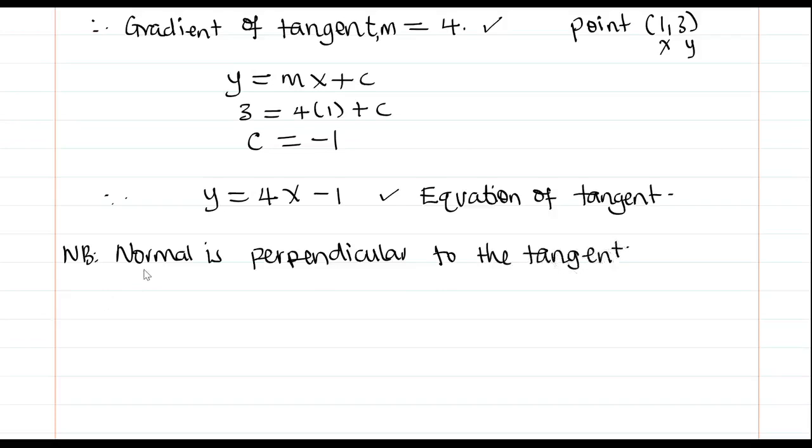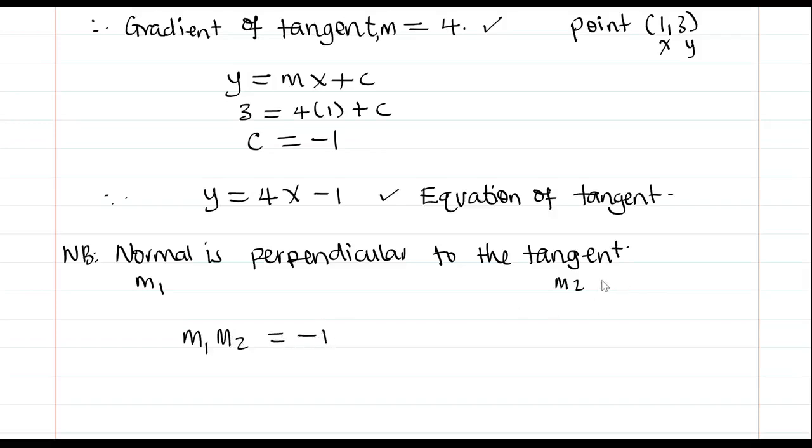If the normal has a gradient, call it m1, and the tangent has a gradient, call it m2, how you name them doesn't matter. Then the law says the product of the gradients of two perpendicular lines is -1. So m1 times m2 is supposed to give us -1.